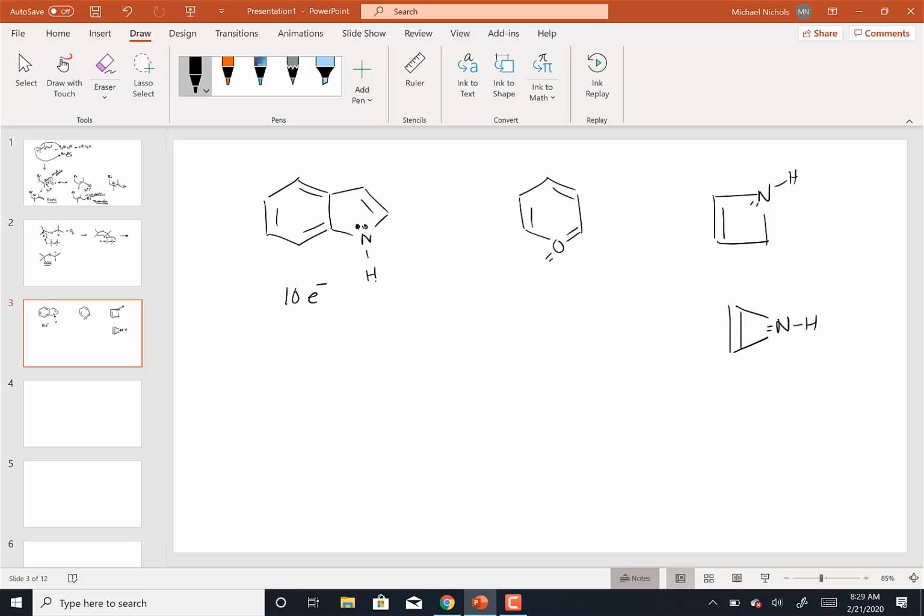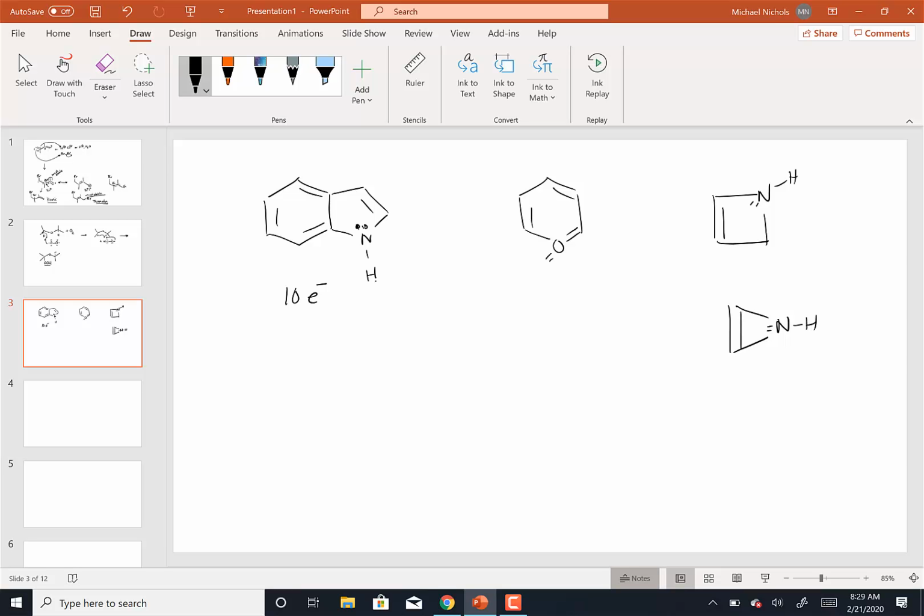The only way that the nitrogen lone pair will go sp2 is if the pair of electrons will make the system aromatic. If it won't make the system aromatic, or if it would make the system anti-aromatic, it's not going to become sp2.